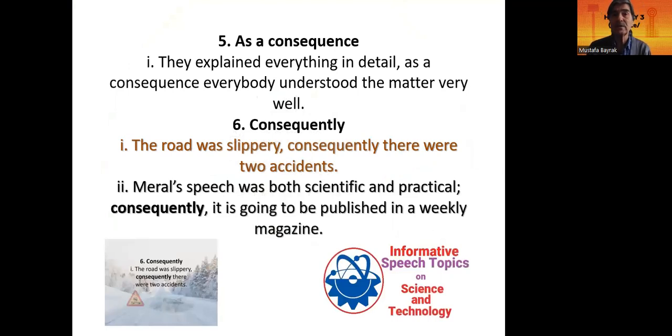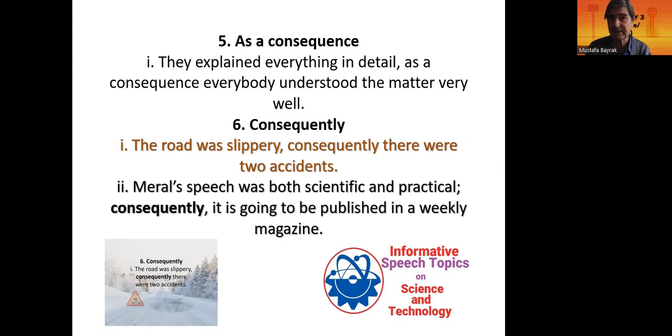They explained everything in detail. As a consequence, everybody understood the matter very well. How nice. What a nice situation it was. Because they explained everything in detail. As a consequence, everybody understood the matter very well.